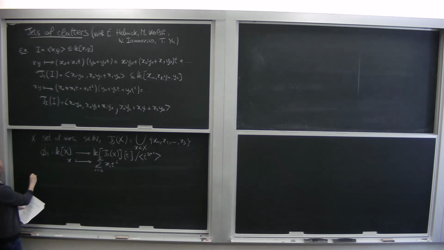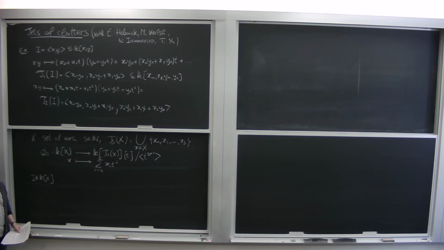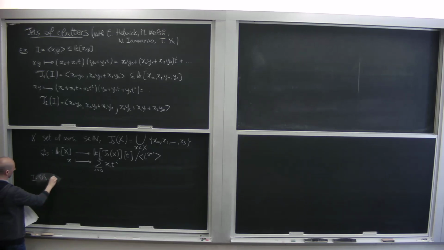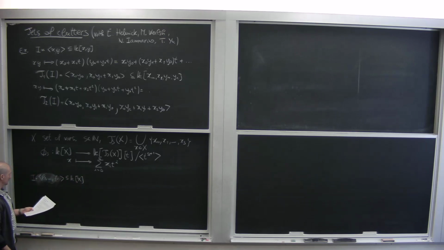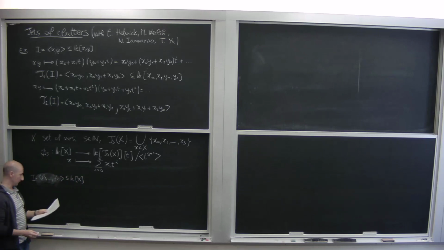If you now have an ideal I that belongs in your polynomial ring, let's say it's the defining ideal of some variety, and you want to construct the jets of that, let me make explicit the generators here. Let's say we have generators F1 through Fr. Then you apply this homomorphism to every one of these generators, which does the kind of substitution that I showed you up there, and then you isolate the coefficients.